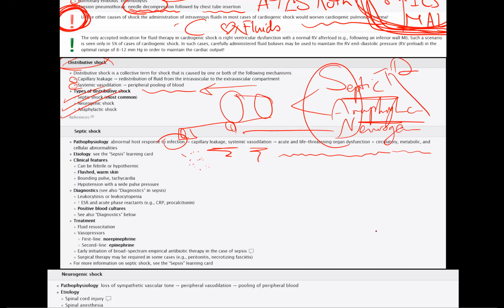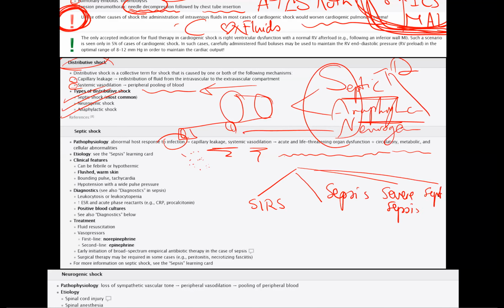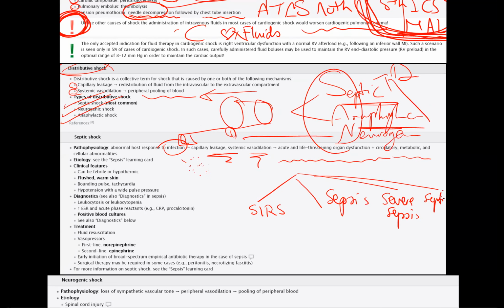We now have a very nice diagram for SIRS, sepsis, severe sepsis, and septic shock. SIRS, systemic inflammatory response syndrome, sepsis, severe sepsis and septic shock.